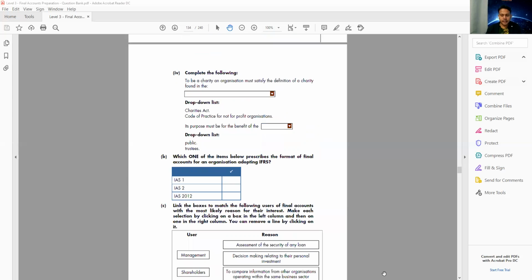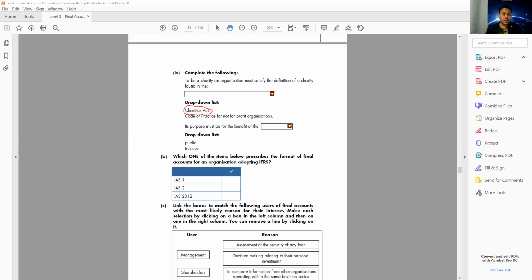The next one says complete the following. To be a charity, an organization must satisfy the definition of a charity found in the where? Charity Act or Code of Practice for Non-Profit Organization. If you want to run a charity, you have to follow the Charity Act.